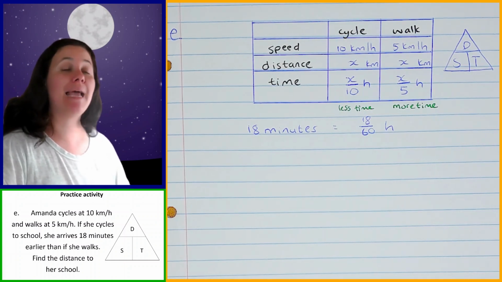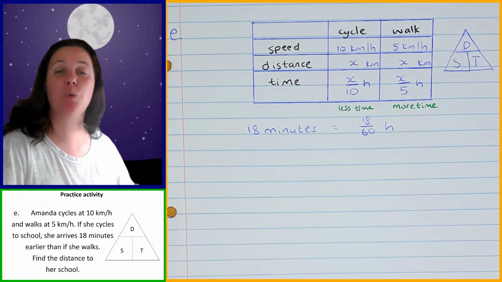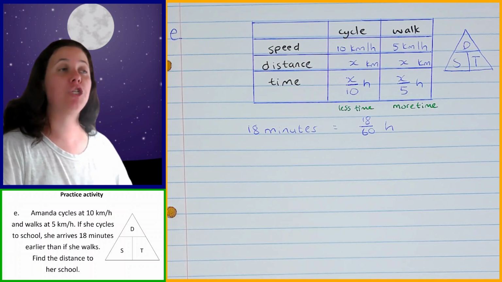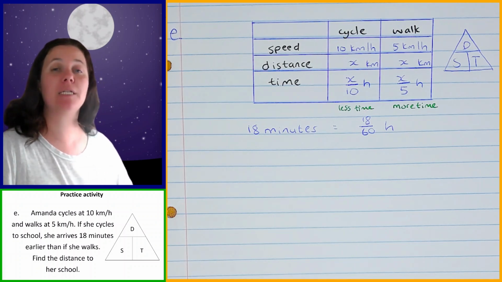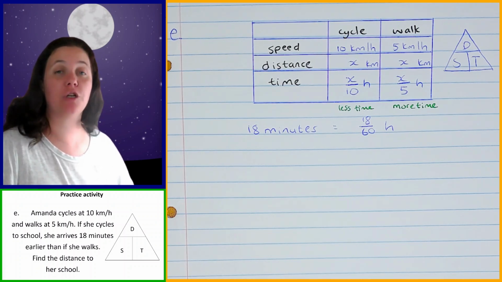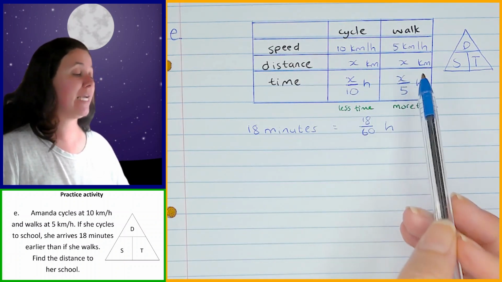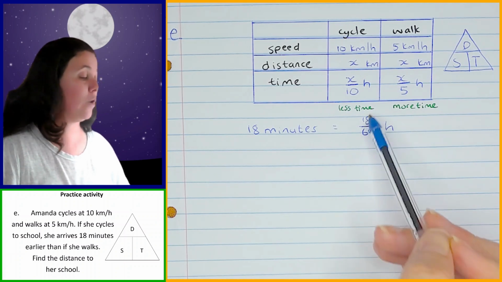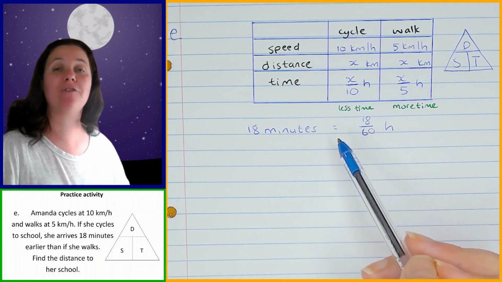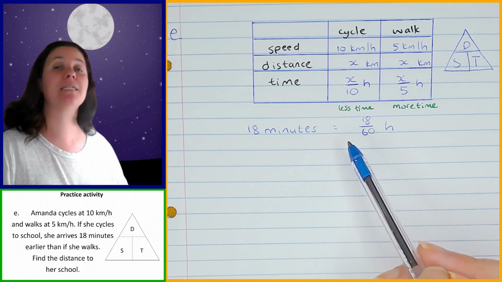Now remember that 18 minutes is the difference between the times. She would arrive 18 minutes earlier if she cycles than if she walks. Difference means subtraction. So I'm going to take these two times and subtract them to get the difference, which is the 18 minutes or 18 over 60. But remember, we have to take the bigger amount minus the smaller amount.